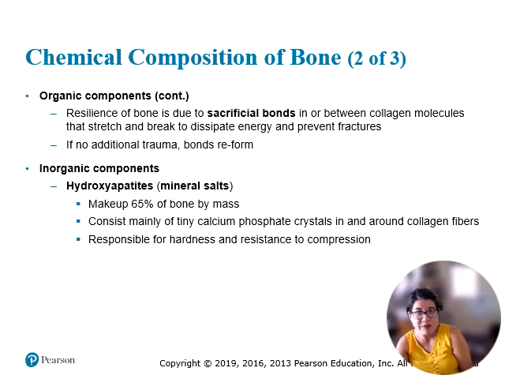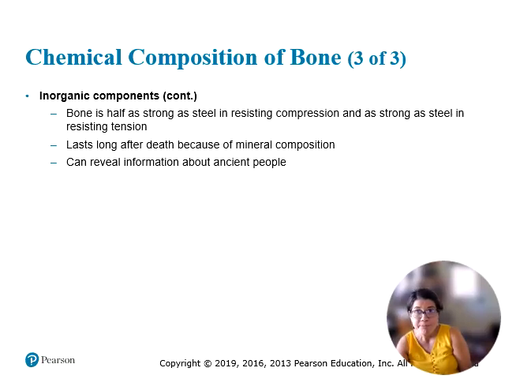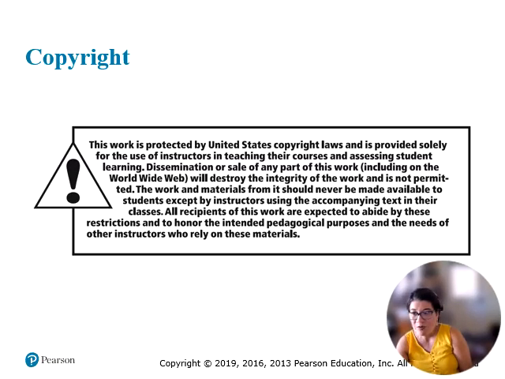So 65% of your bone mass is made just from salts. So that's quite a lot. But remember that your bone is made of living cells, right? The fact that it has inorganic compounds makes it really strong. The leading component is calcium, and that makes it really strong. Okay, we'll go on to the next.